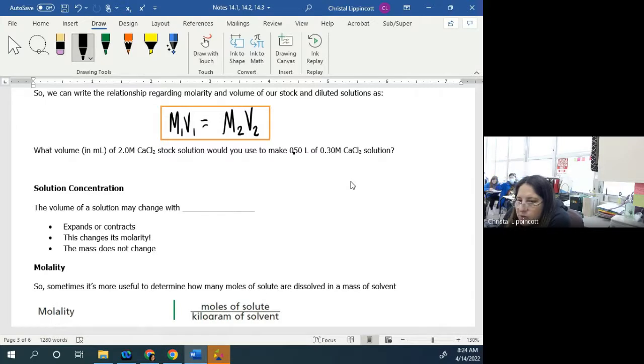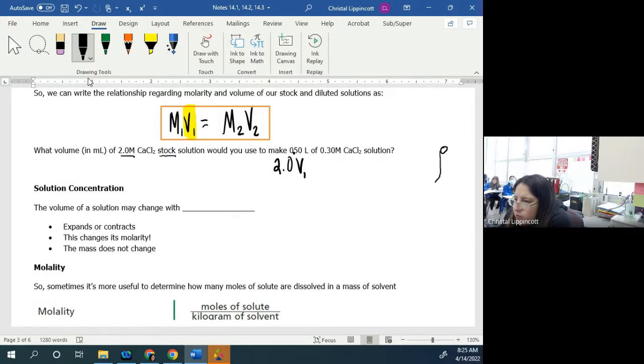All right. So our stock solution, they're asking us how much stock we need. So we're trying to solve for this guy right here. No, we're not. I lied. We're trying to solve for this. We know the molarity of our stock solution is 2. We want to know how much of that we need to add to our volumetric flask.